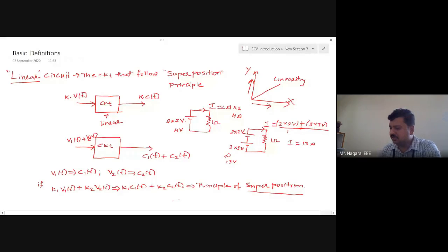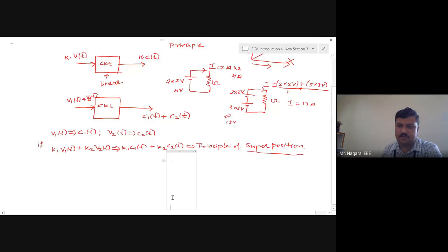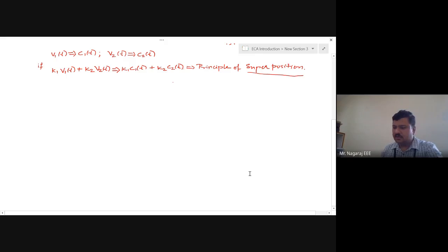Now what is a non-linear circuit? Reverse of this. So a non-linear circuit means a circuit that does not follow the superposition principle. Simple.